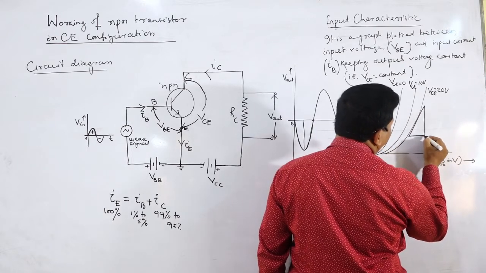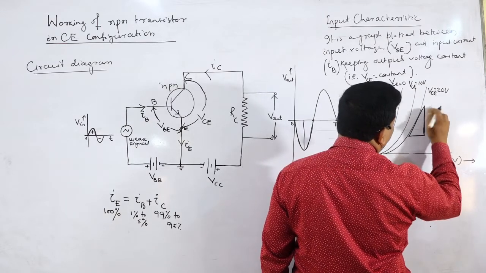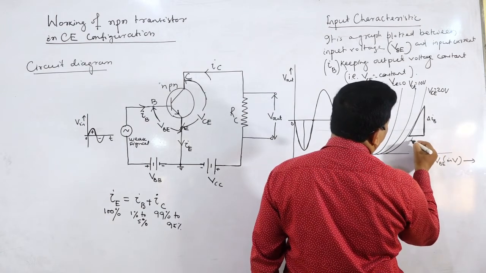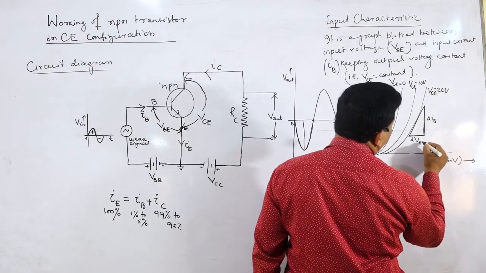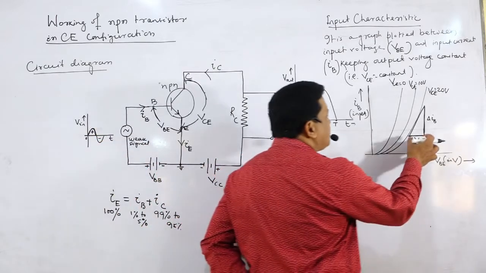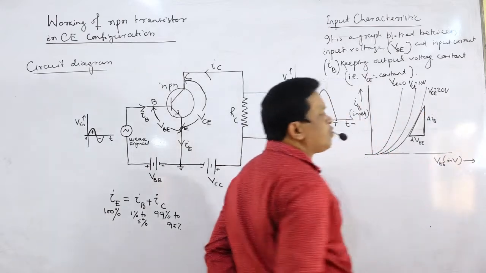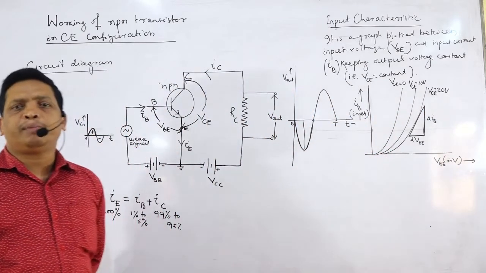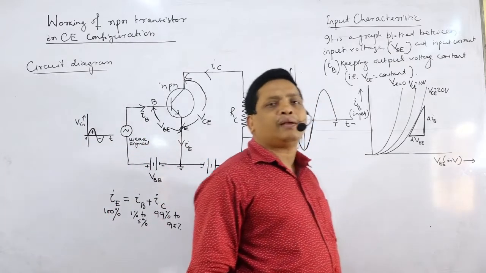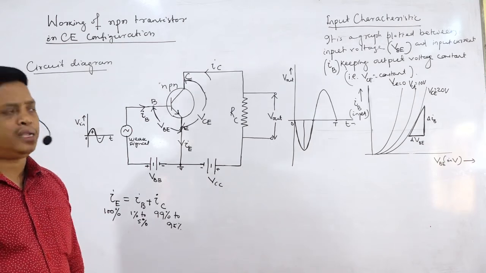This is the change in y coordinate, that is delta IB, and this is the change in x coordinate, that is delta VBE. So what do you find? A small change in input voltage brings a larger change in input current. That means input current is controlled by input voltage.